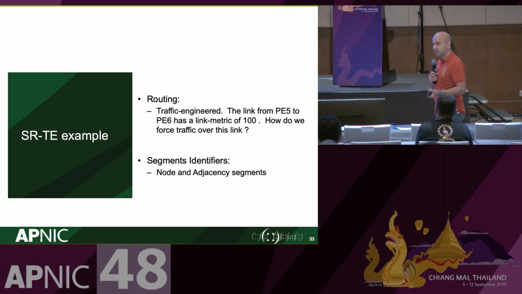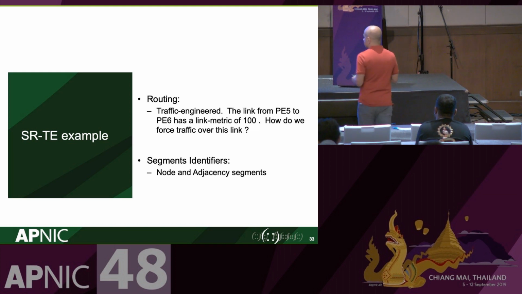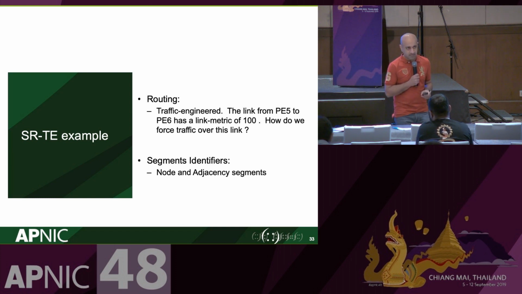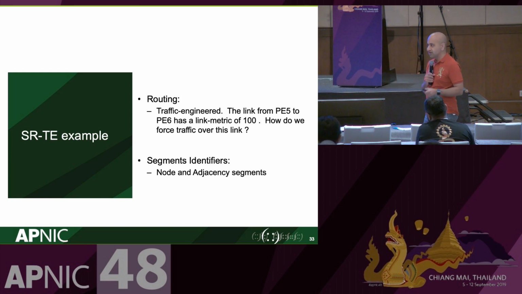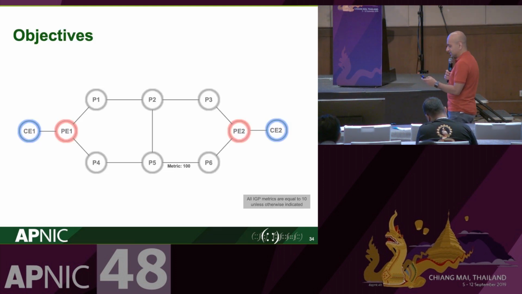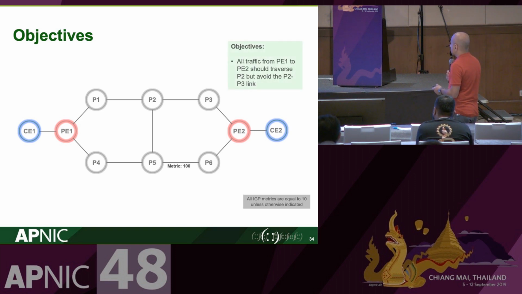So for whatever reason, we've decided that's a good path for this traffic. Now in this case, we use both node segments and adjacency segments, okay? Because we have to, and I'll show you why. Same topology, as you see, all metrics are 10, that one's not.